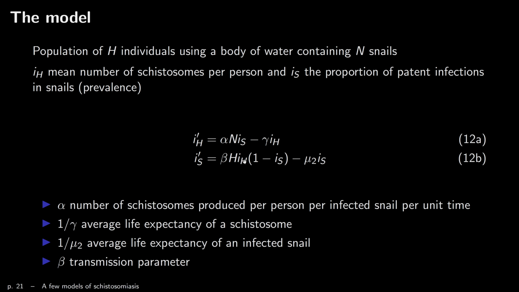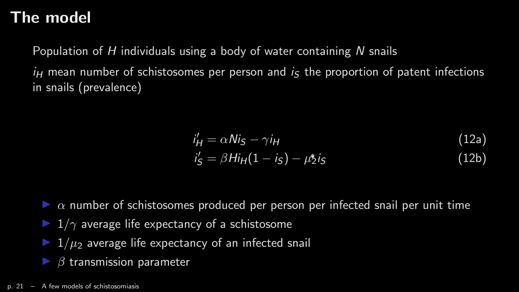So H times IH is essentially how many schistosomes there are in all the human population that's attending that water body. And 1 minus IS is, of course, S. Okay, so this is the number SIS, because the sum IS plus SS is equal to 1. So this is simply the product of IH times SS. Okay, I'm not using the variable S sub S because it's not required, because it's a proportion.